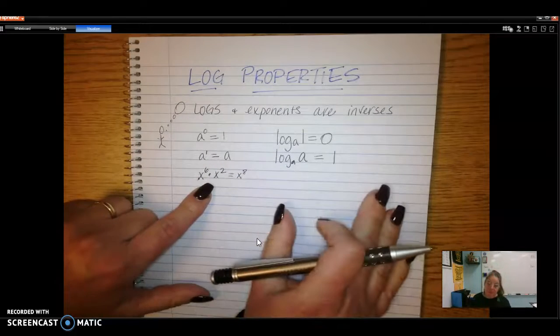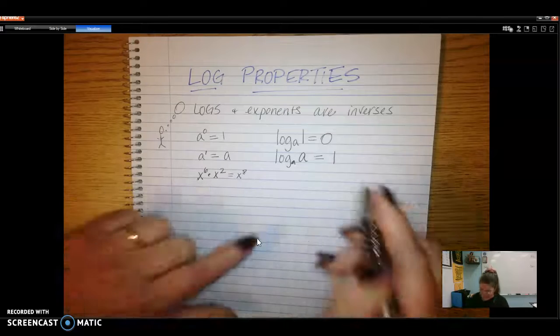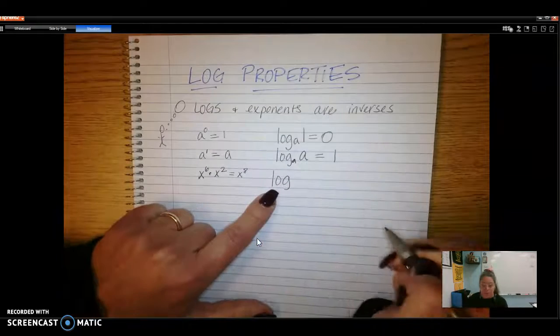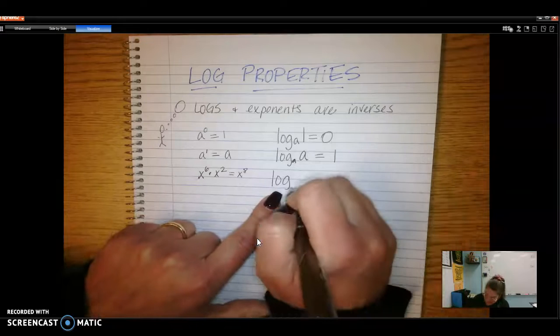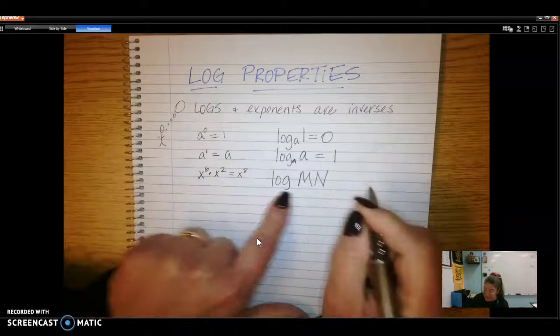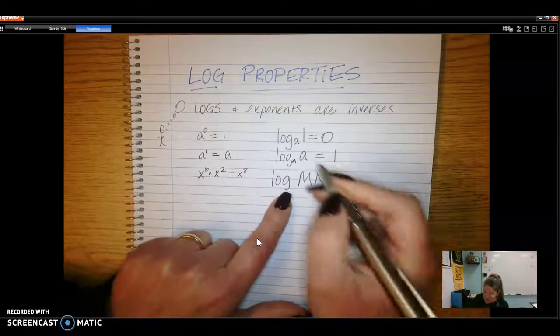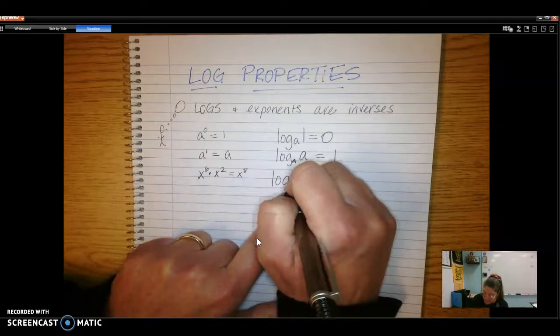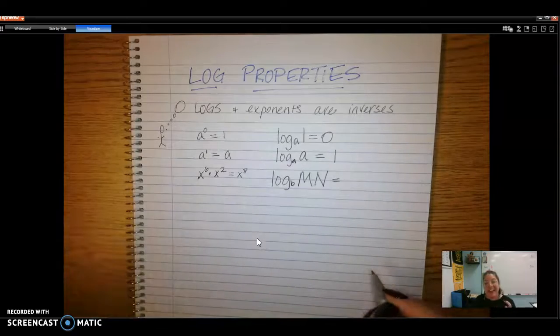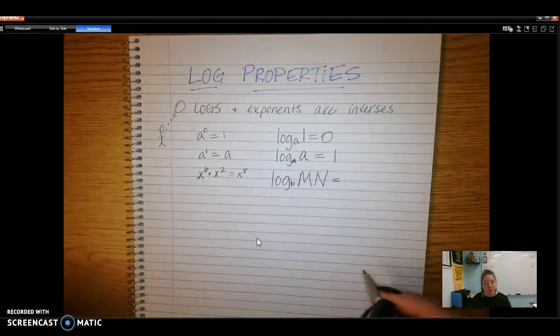Okay, so what that property looks like is that when you have a log of something like m times n, so they're being multiplied, and it doesn't matter what the base is, you're able to add those exponents together.